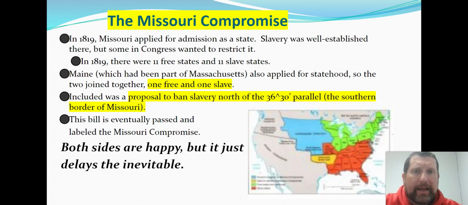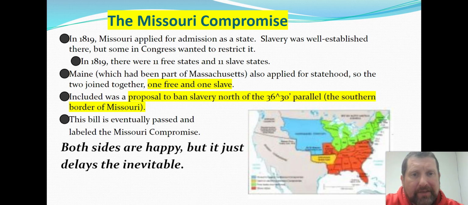And in making that deal, there's a proposal to ban slavery north of the 36-degree, 30-minute parallel. That is that line of latitude at 36 degrees and 30 minutes, which is a measure between degrees, right? That is essentially the southern border of Missouri.